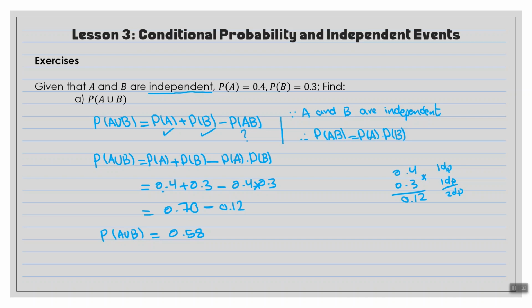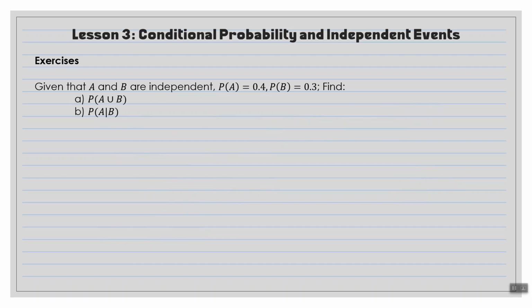Let's look at the other parts. They want the probability of A condition B. They are independent, right? I can solve this in two steps actually. Because A and B are independent, this is part B, therefore the probability of A condition to B is actually the same as the probability of A. They're independent, so A does not care about B. So it's the same as the probability of A, which is going to be 0.4.